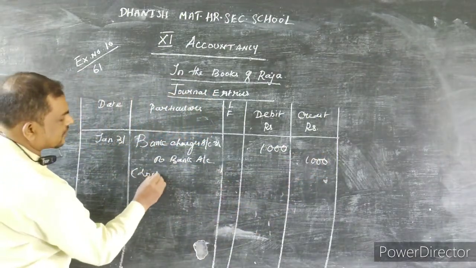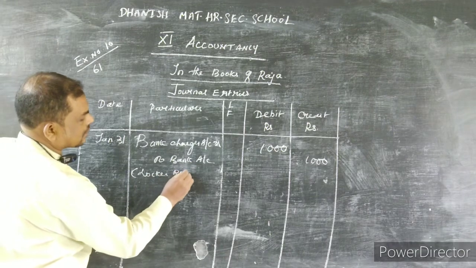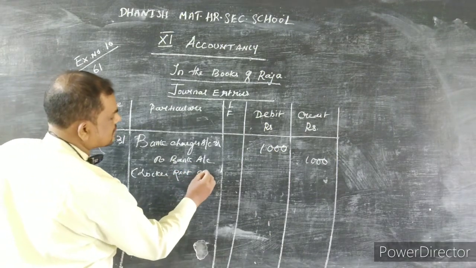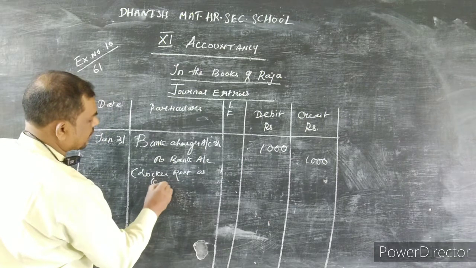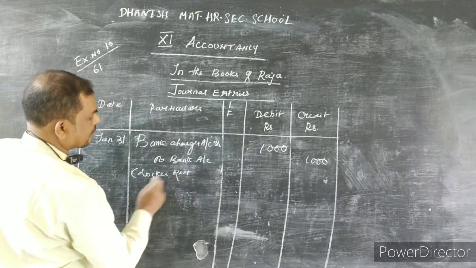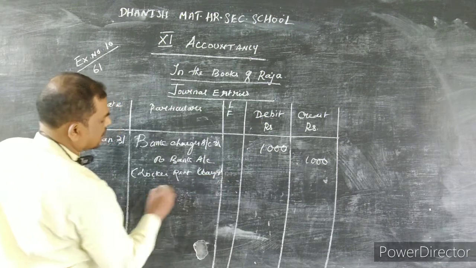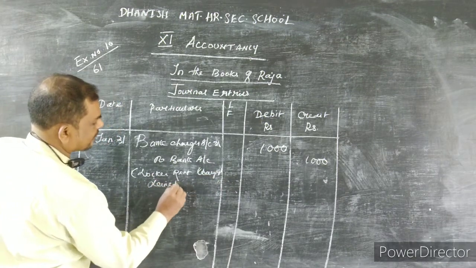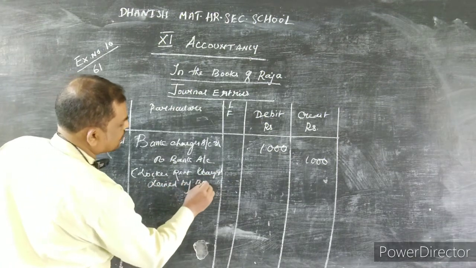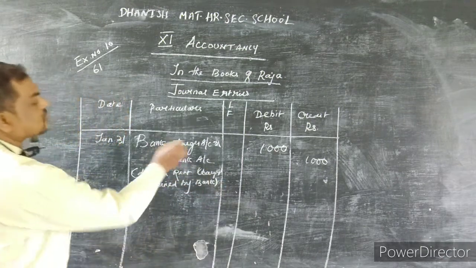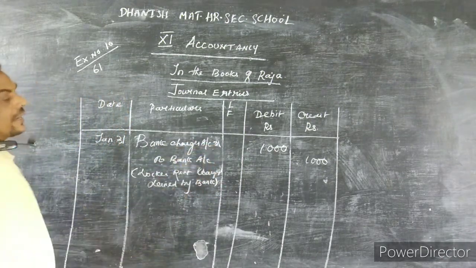Narration: locker rent charges levied by bank. So bank charges account debit to bank account.